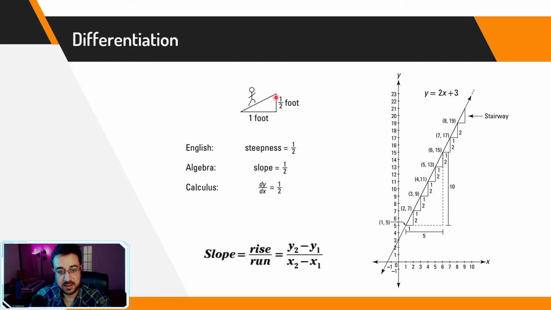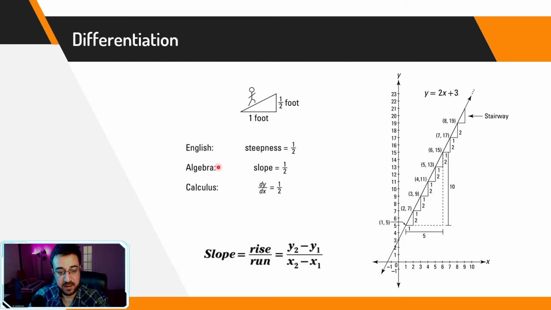In this case, if you remember the slope, rise over run, that's 0.5 over 1, which is 0.5, or half. So the slope in algebra in this case is half, which is known in regular English as steepness.